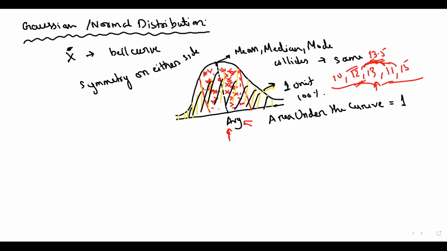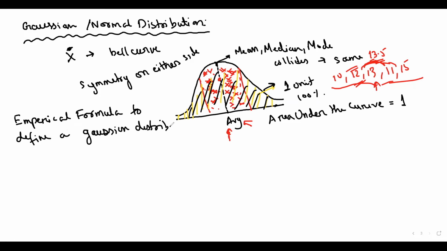Now, there is something called the empirical formula to define a Gaussian distribution or a normal distribution.